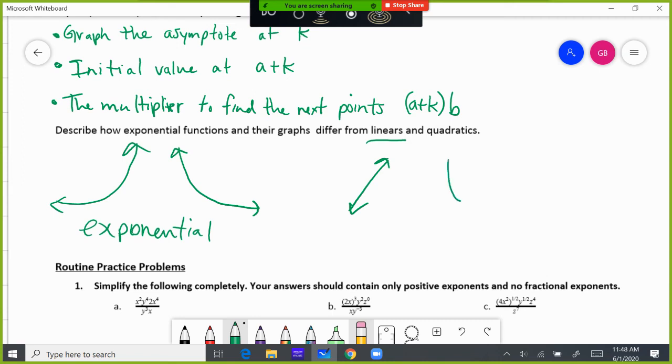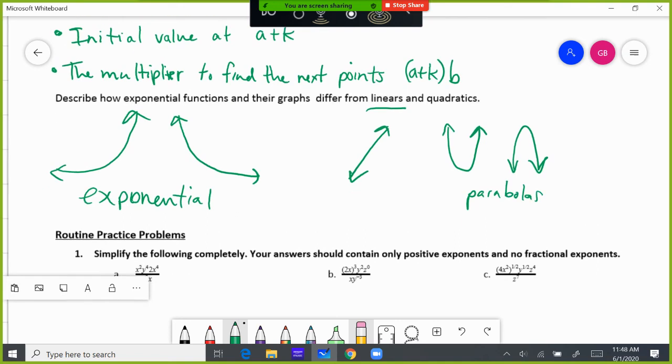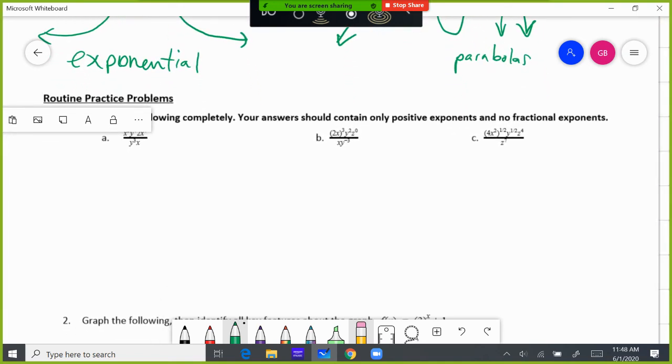And then quadratics go up and go down, like parabolas. Okay, so those are the differences. Now some practice problems here.